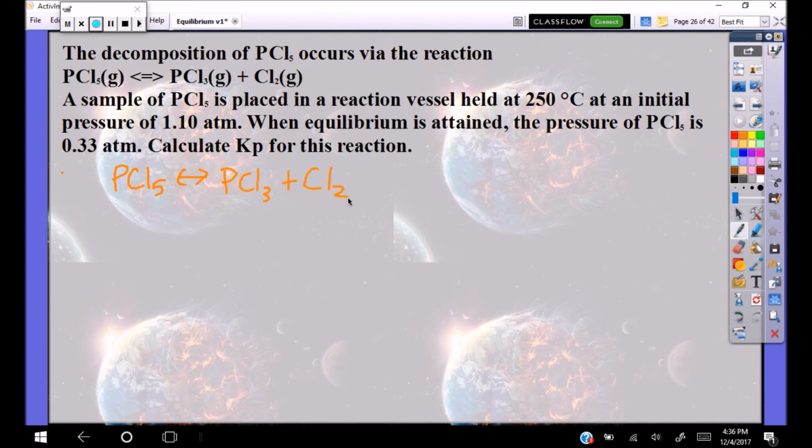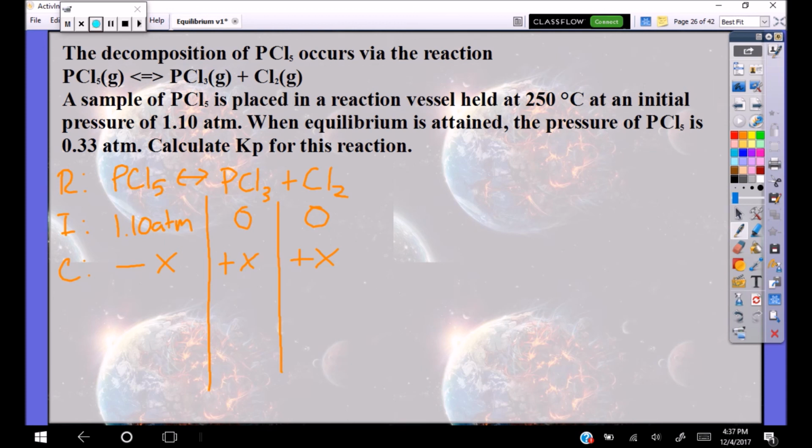So the nice thing is you can still do this with pressures. So we've got our initial 1.10 atm, and we're assuming we had no initial amount there. And we know we're going to lose some amount x, and it's going to be proportional to the balanced equation, so minus x, and you get plus x, and then plus x, because we gain 1 mole of each.